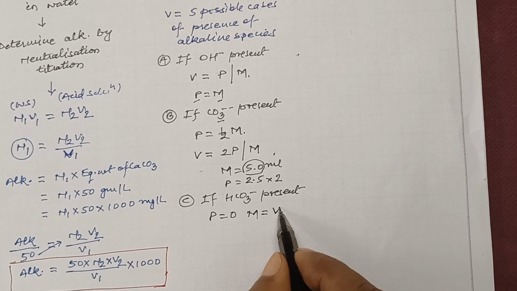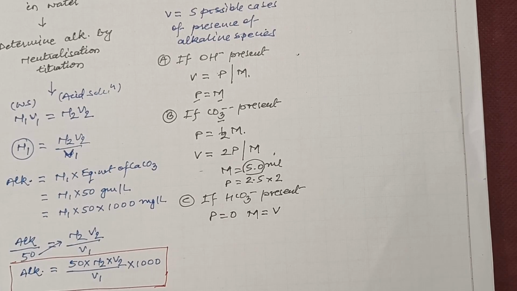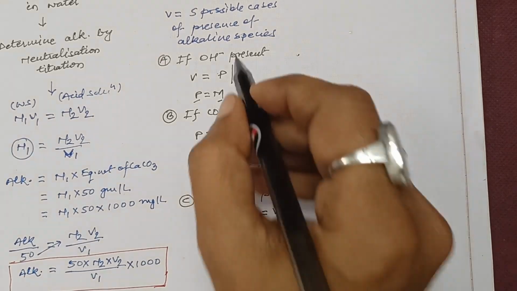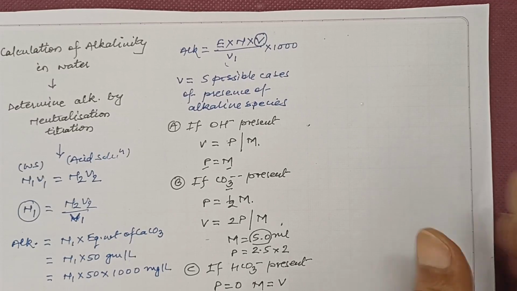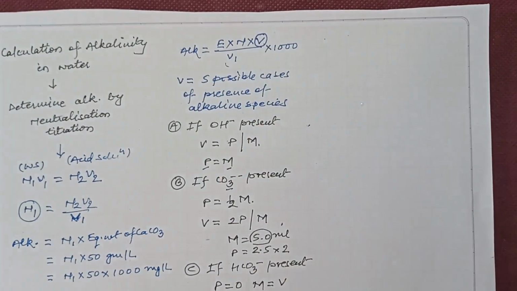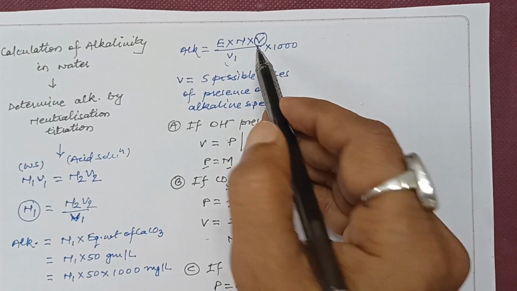So in this particular case, what value should be considered for calculating the alkalinity? Which value is taken here in place of V?